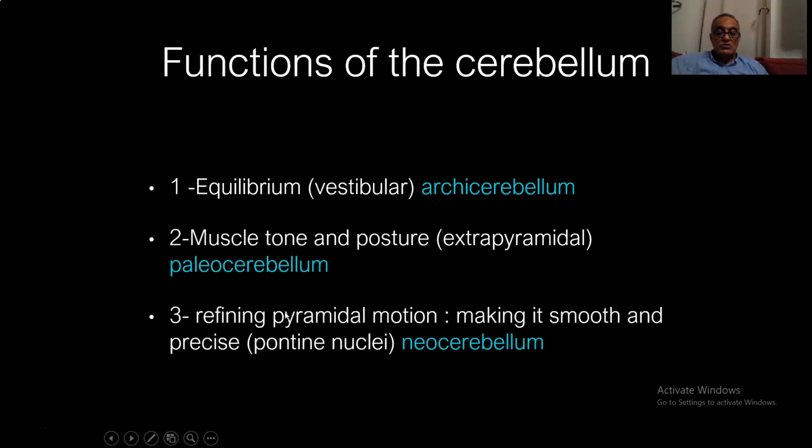Pyramidal and extrapyramidal motion, without the cerebellum, are coarse, not refined; there is dysmetria, there are kinetic tremors. To harmonize and refine the motion, smooth and precise, we have the connection with the pontine nuclei, called the neocerebellum. So we have equilibrium, muscle tone and posture, and refining the motion of the pyramidal and extrapyramidal tracts, which is the function of the neocerebellum.